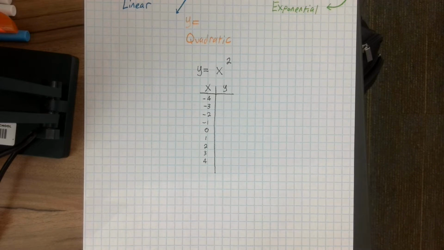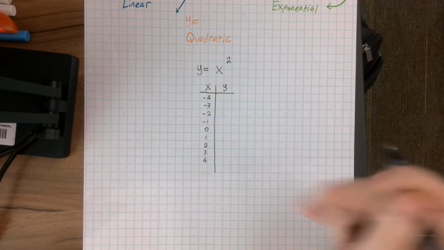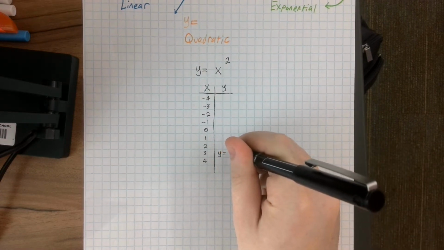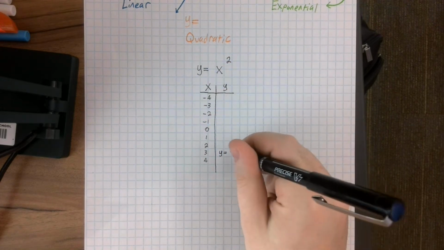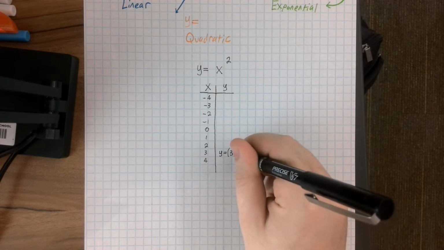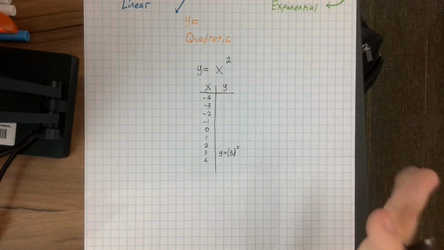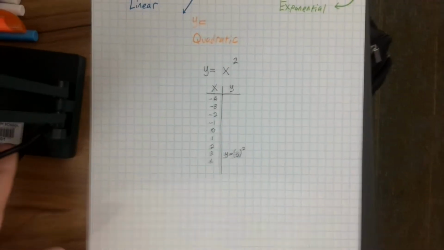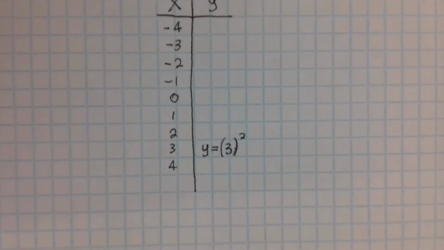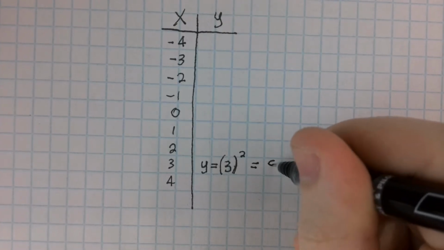So if we wanted to find the value for 3 here, all we would need to do is plug 3 into the equation. y equals, instead of x squared, 3 squared. And in general, especially in this unit, it's very important to put parentheses around whatever term you are substituting in. Well, what is 3 squared? We know 3 squared is 9. So y equals 9.